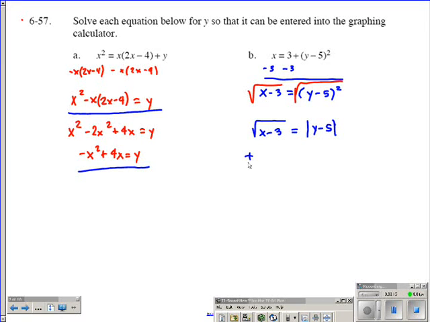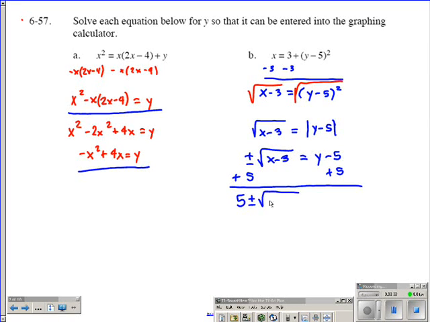So plus or minus the square root of x minus 3 should be what our y minus 5 should equal. And then let's just go ahead and add 5 to each side to get y by itself. So in the end, we have 5 plus or minus the square root of x minus 3 equals y.